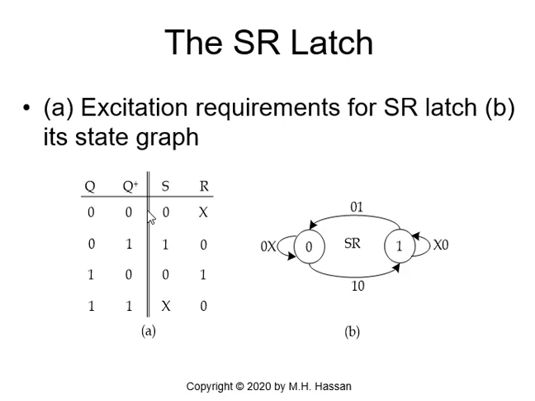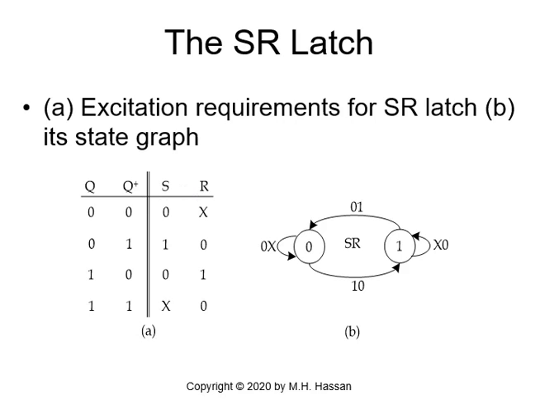What do I need the excitation to be to achieve a 0 if the output was 0? Or to achieve a 1 if the output is 0? Or to achieve a 0 if the output is 1? Or to achieve 1? So the excitation table will be a normal truth table with the inputs Q and Q plus: 0 0, 0 1, 1 0, 1 1. And what we need is S and R.